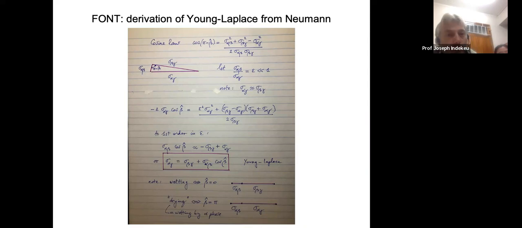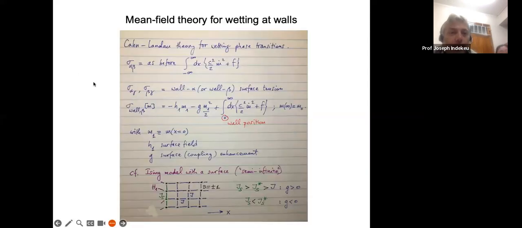So we've done that now together. And so the time has come to go to the mean field theory for wetting. We call it wetting at walls because we have, for simplicity, but also to cover some physically realistic situations, taken the third phase gamma to be undeformable.